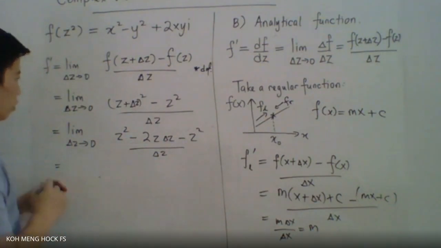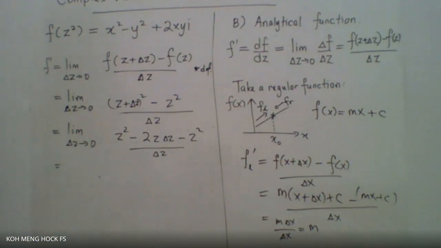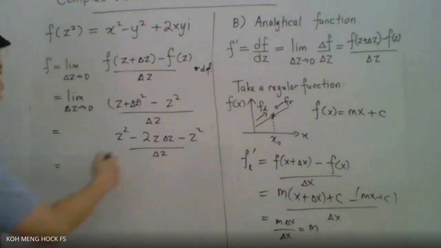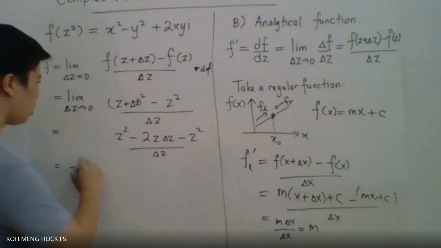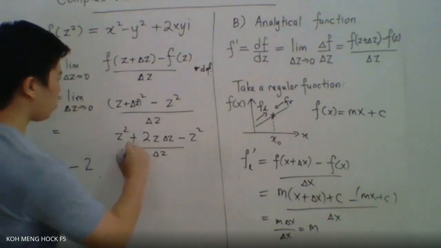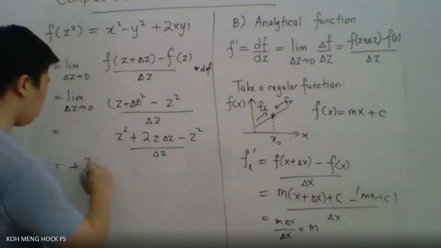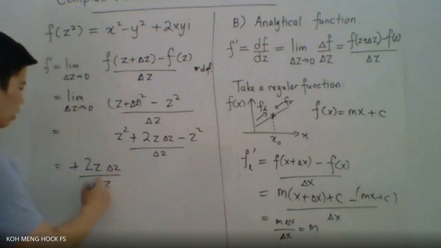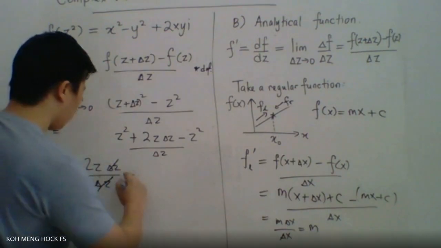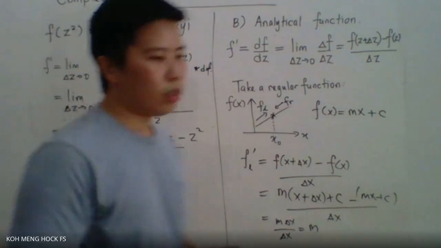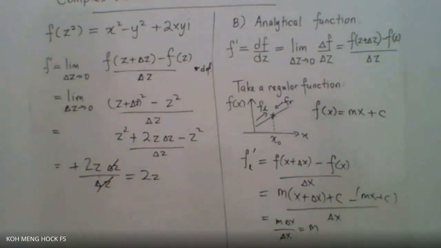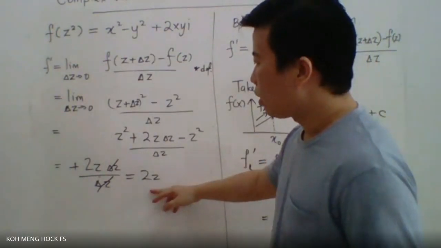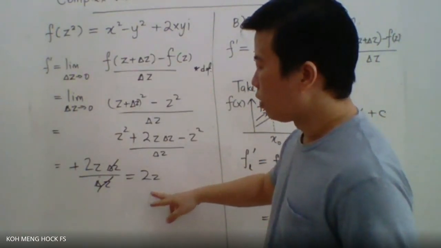So here you have plus 2z delta z divided by delta z. So delta z and delta z is going to vanish. So this is going to be 2z. Right. So here we see that this function is analytical, right?